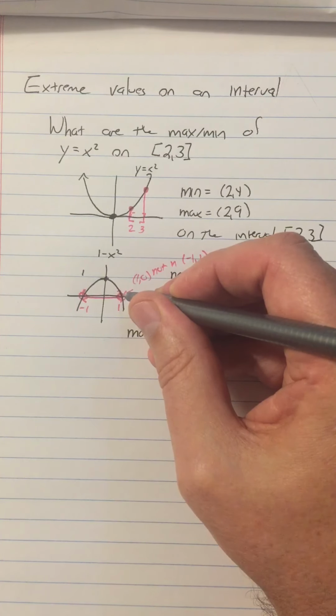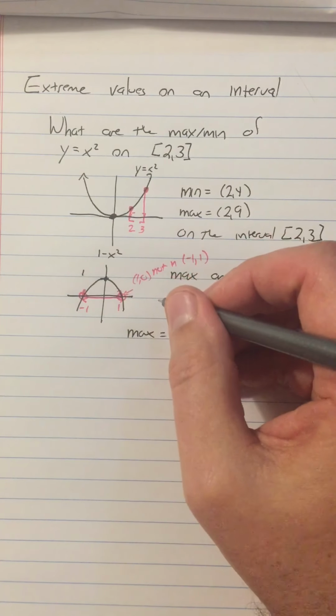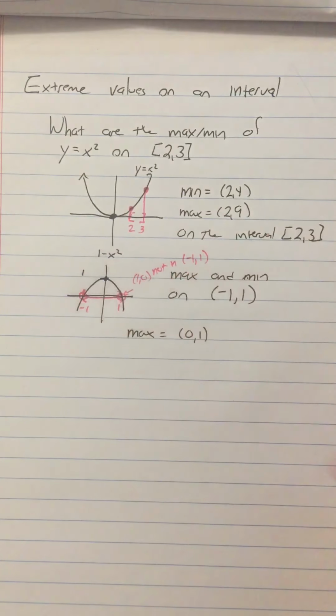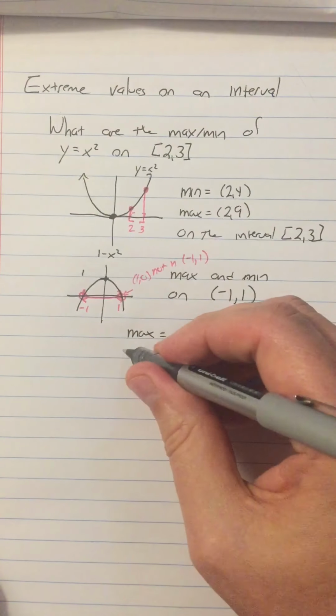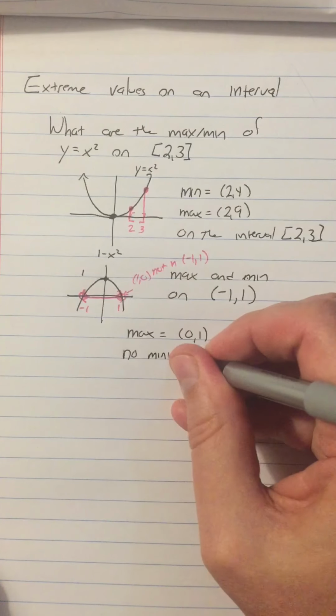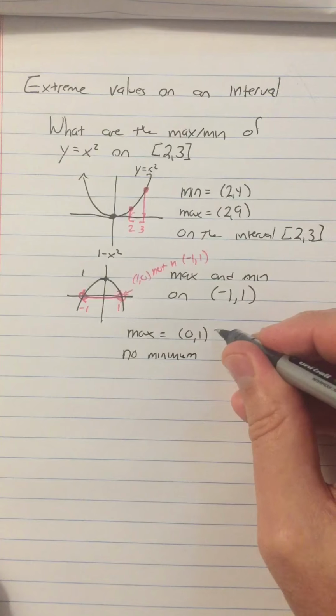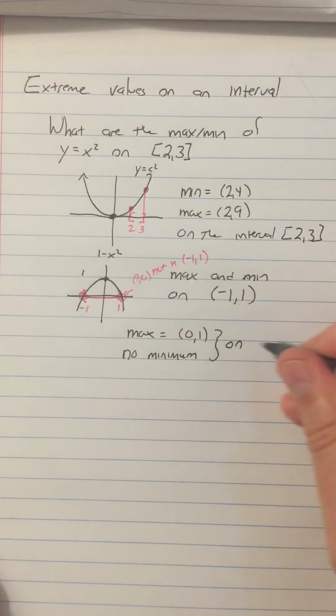Any closeness that I want to get, anything that I want to say is the min, I could go closer. So that's not the min, because I can go closer. Basically nothing is the min. There is no minimum on either side.